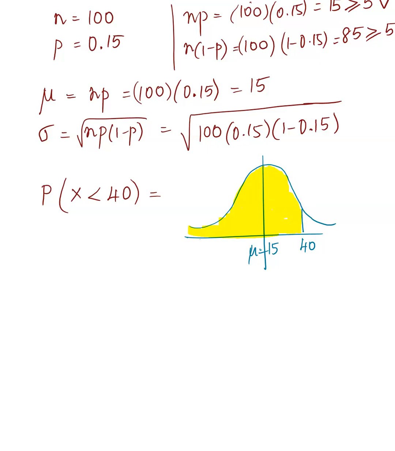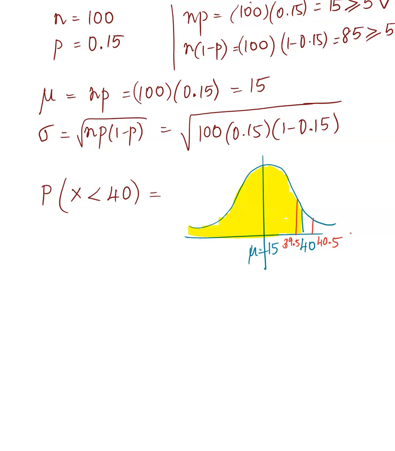But with a continuity correction, my question is, if I want it to be strictly less than 40, do I do less than 39.5, or should I do less than 40.5? Think about this. You do not want to include 40. If you said X less than 40.5, you will include 40. You don't want that.